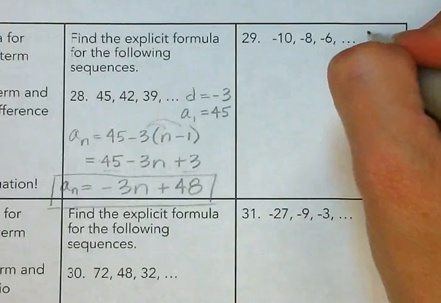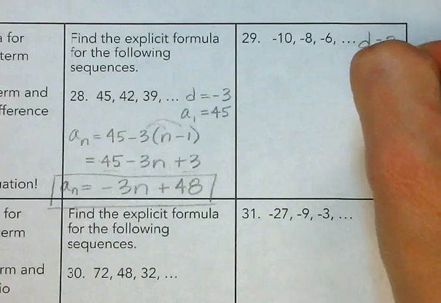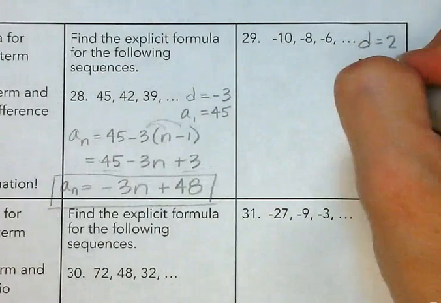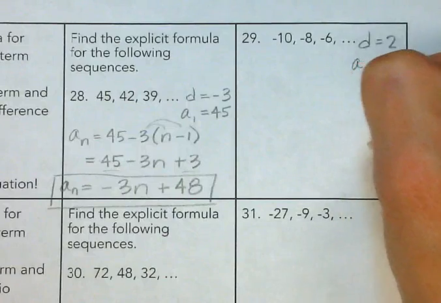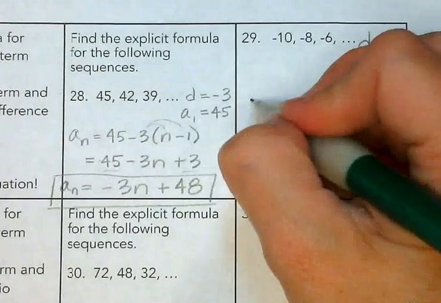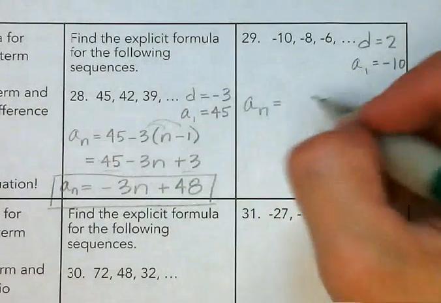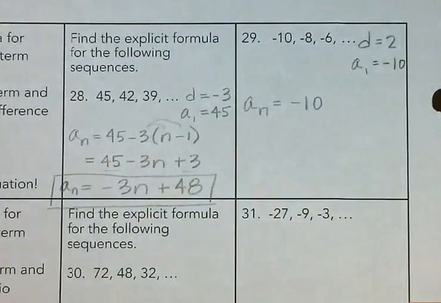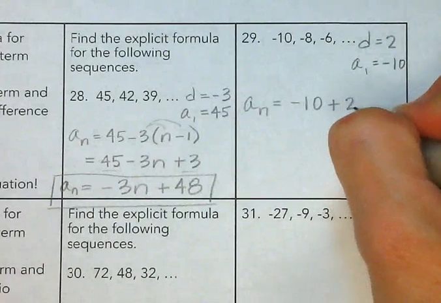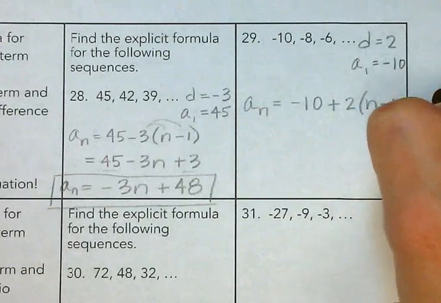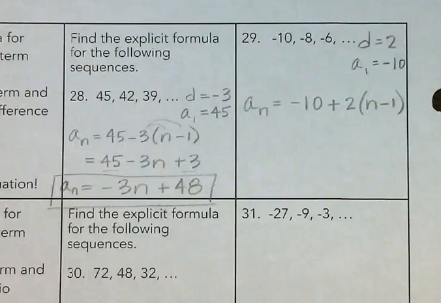This time our d looks like it's positive 2. We're adding 2 each time, and the first term is negative 10. So we're going to use the formula for finding the nth term. So the first term is negative 10. We're adding 2 each time, but I wasn't given a specific term to find.